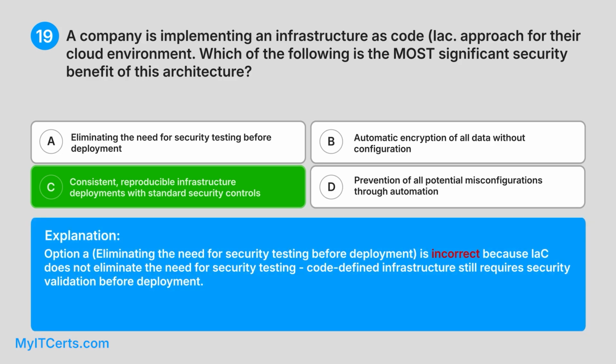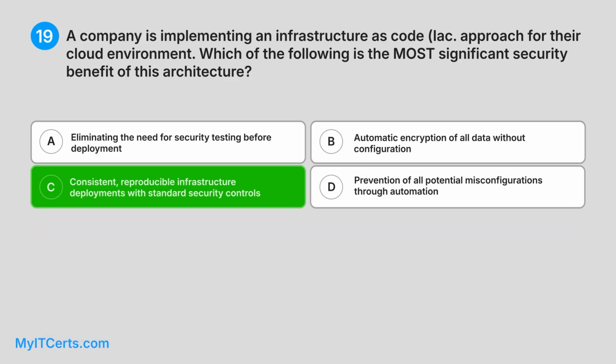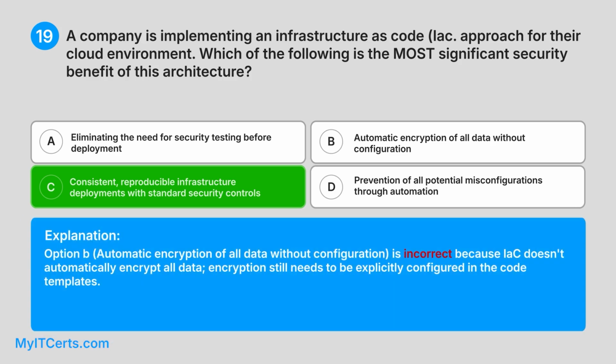Option A, eliminating the need for security testing before deployment, is incorrect because IAC does not eliminate the need for security testing. Code-defined infrastructure still requires security validation before deployment. Option B, automatic encryption of all data without configuration, is incorrect because IAC doesn't automatically encrypt all data.